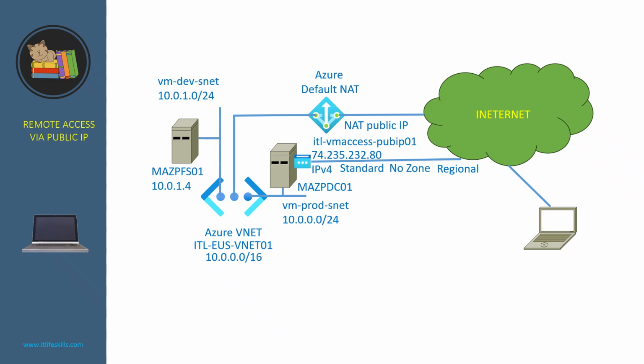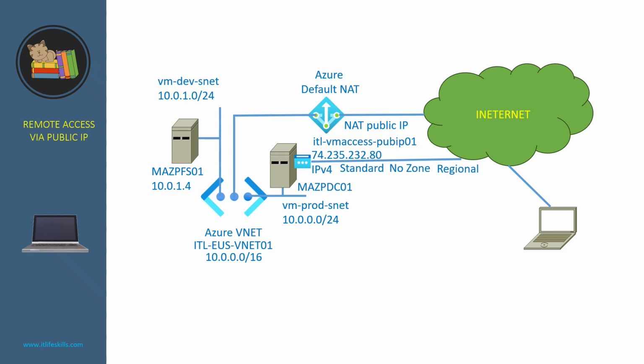With this current setup, mazpdc01 is wide open to the internet, which means from any computer connected to the internet, we can access mazpdc01 via any ports and any protocols.